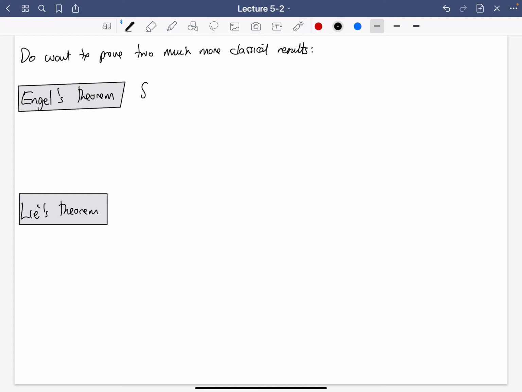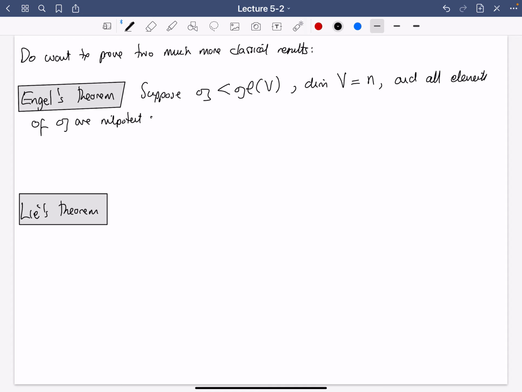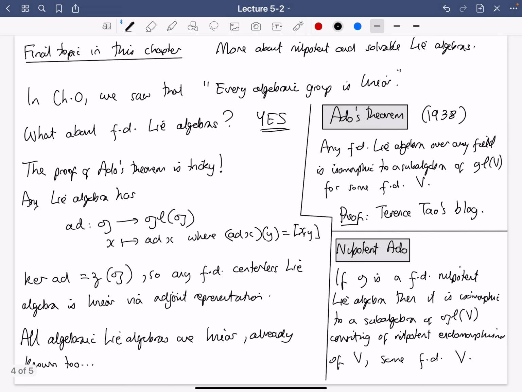Engel says, suppose you've got some linear Lie algebra G in GL(V) for some finite dimensional vector space V, so say dim V is n, and assume that all elements of G are nilpotent endomorphisms of V. So that was exactly the conclusion of the nilpotent version of Ado's theorem.